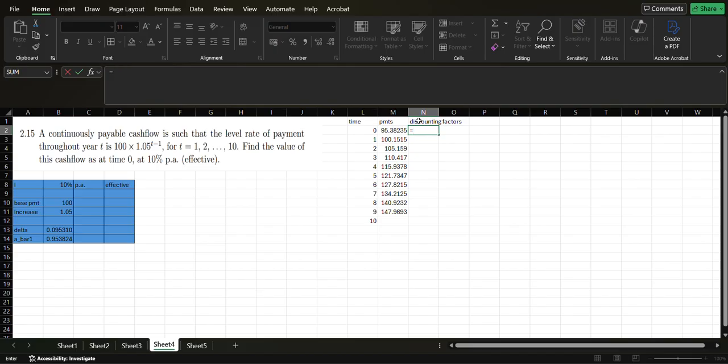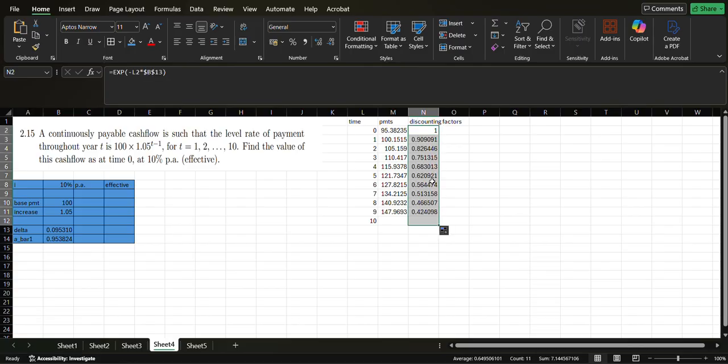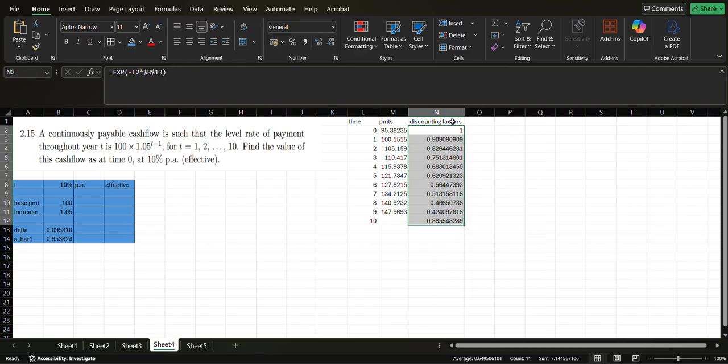Let me be fancy and say e to the power of minus time times delta should give me the same thing. This may backfire. Okay, that makes sense because we're at time 0 and these are discounting factors.